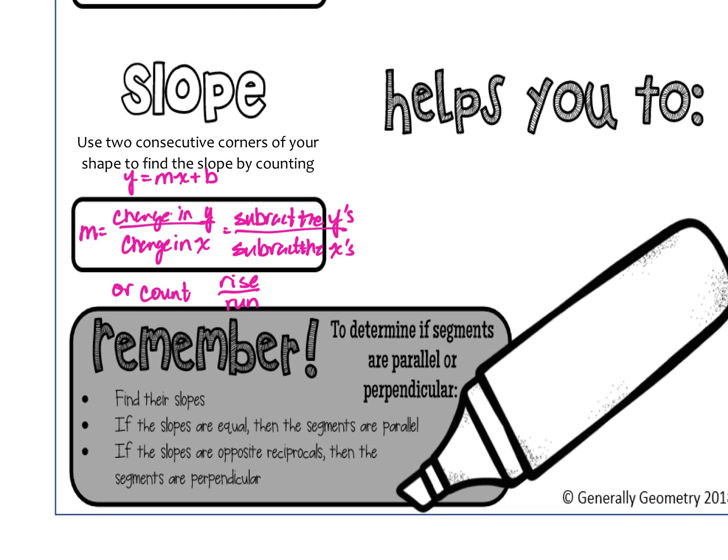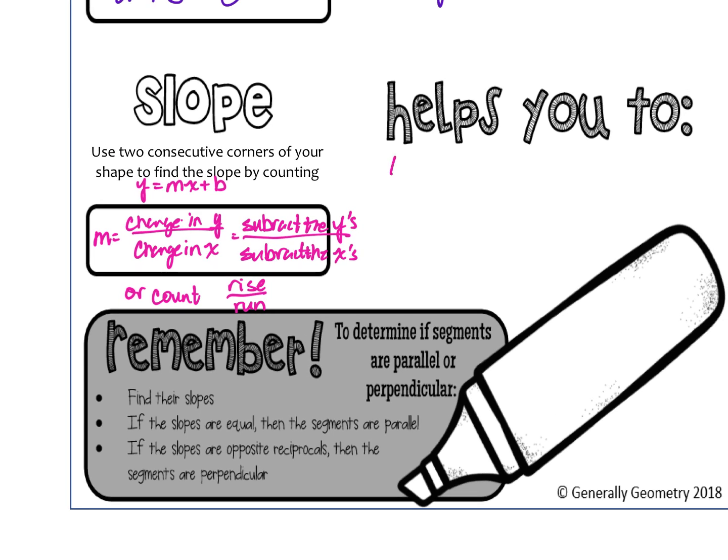So what does my slope help us do? Tell if the lines are parallel. Well, how do we know if they're parallel? If lines are parallel, they have what? Same slope. Good.